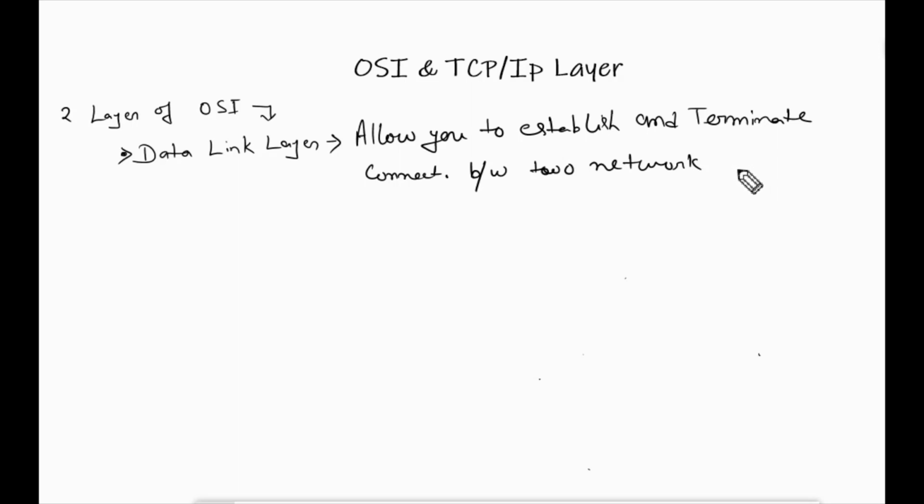Network device could be anything, computer, printer, server, anything. This data link layer has two sub layers.